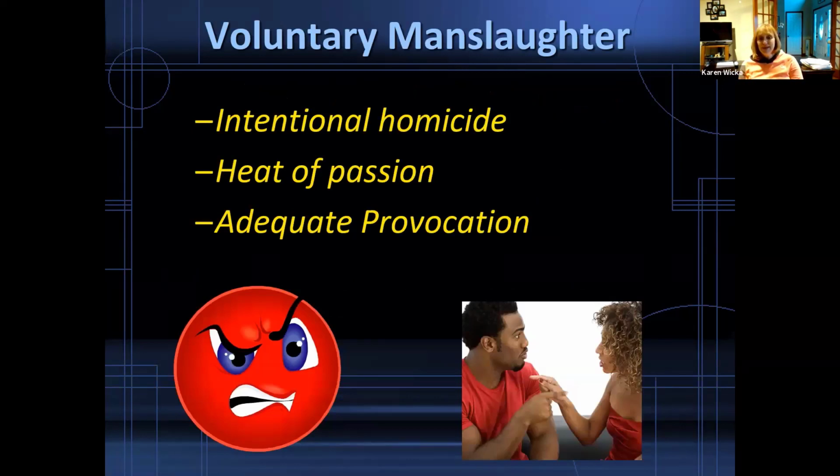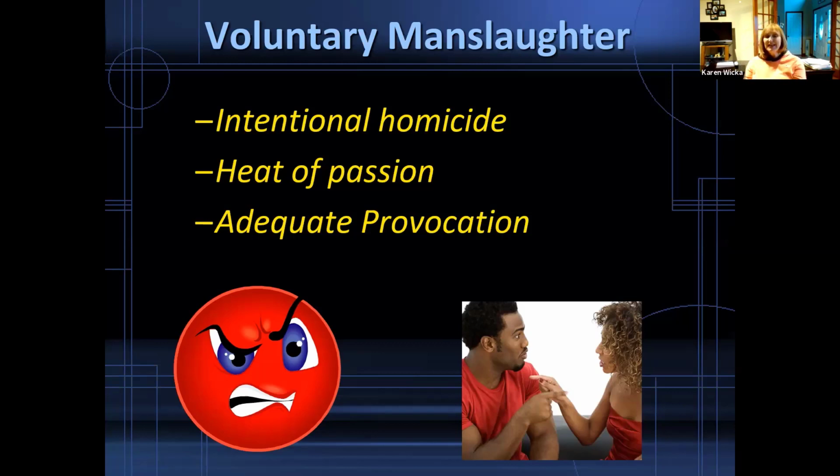So voluntary manslaughter has been defined as an intentional homicide, so it's still mens rea intentional, and a homicide, one person taking the life of another. Okay, so it's still the requirements of murder in the first, but they added two other requirements: heat of passion and adequate provocation.